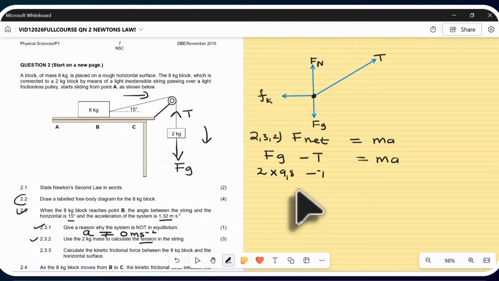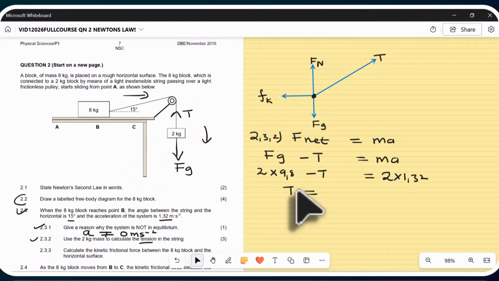So if I do my calculations here, my tension T is equal to 19,6 minus 2,64, which gives me 16,96.